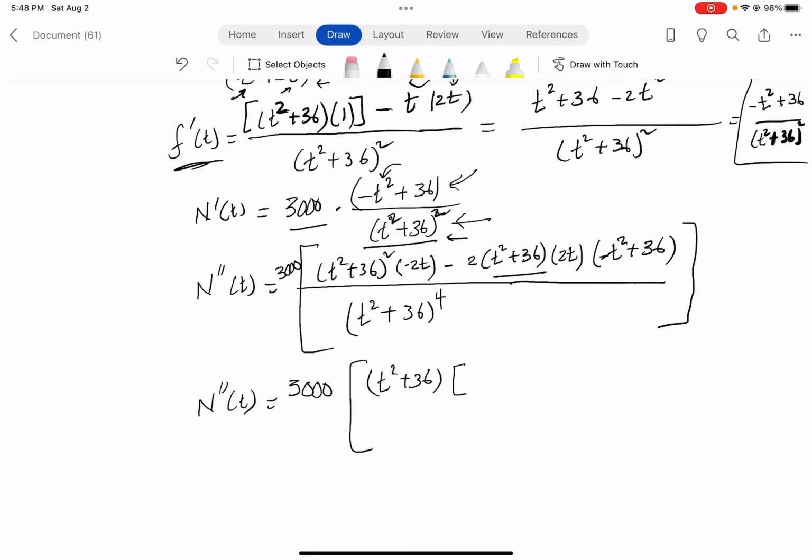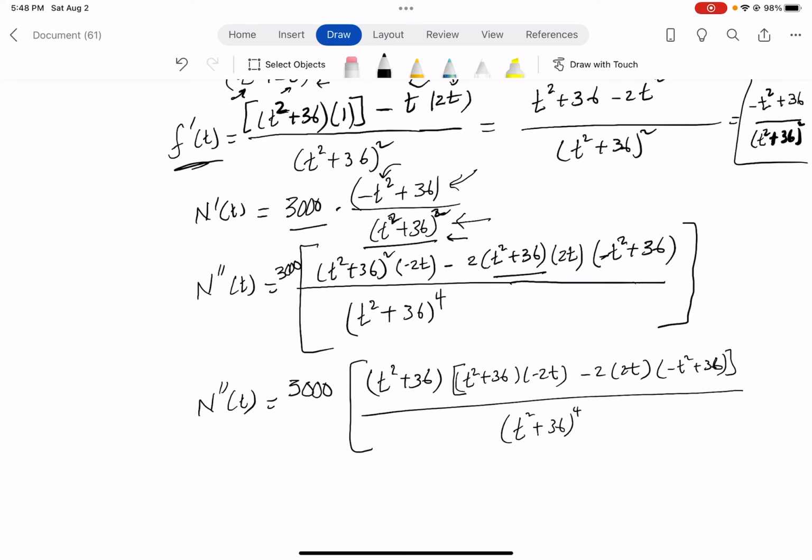Then t squared plus 36 times minus 2t, and then minus 2t minus t squared plus 36, over t squared plus 36 to the 4.